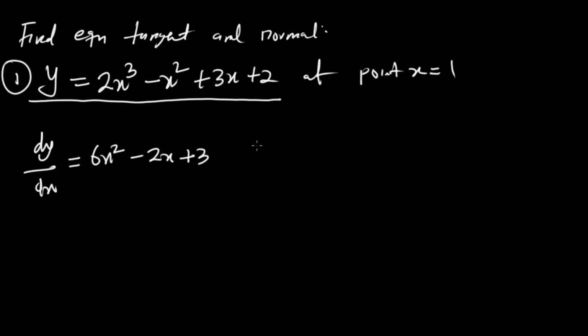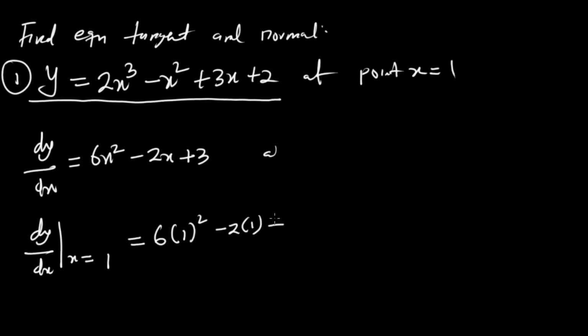So this is the expression of the gradient. At the point x equal to 1, we are going to have dy over dx equal to 6 times 1 squared minus 2 times 1 plus 3. So this is 6 minus 2 plus 3, and this equals 7. So I have my gradient m equal to 7.